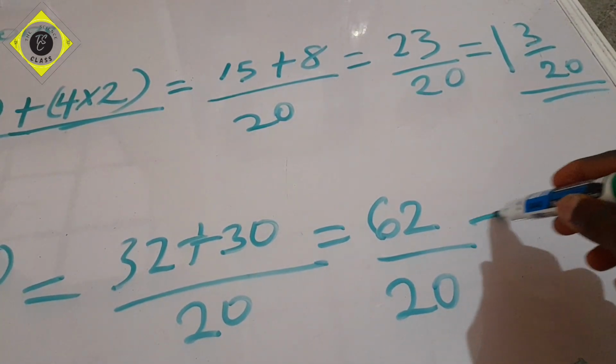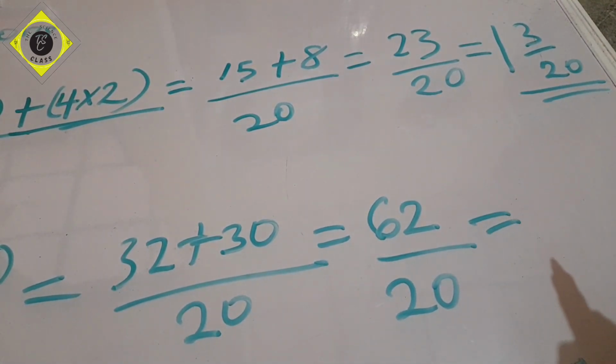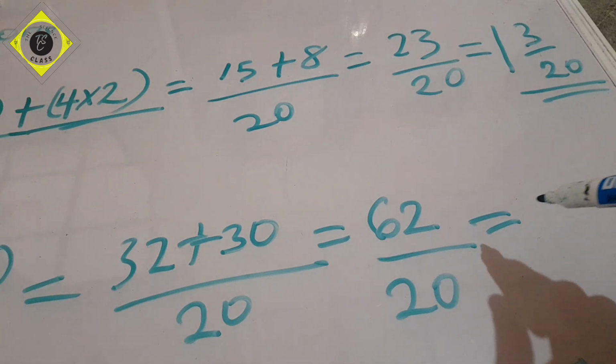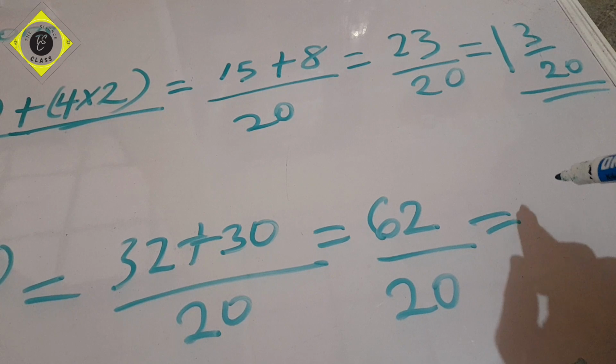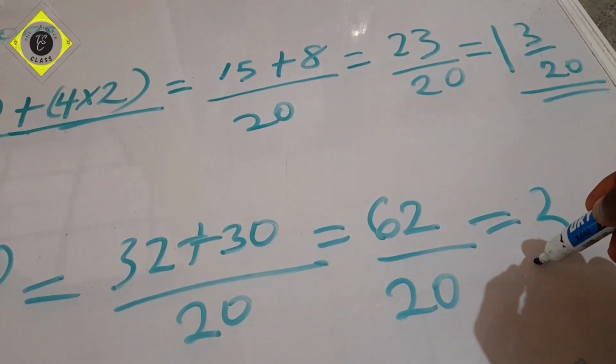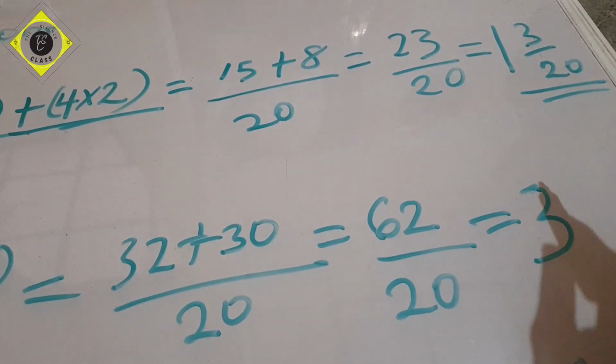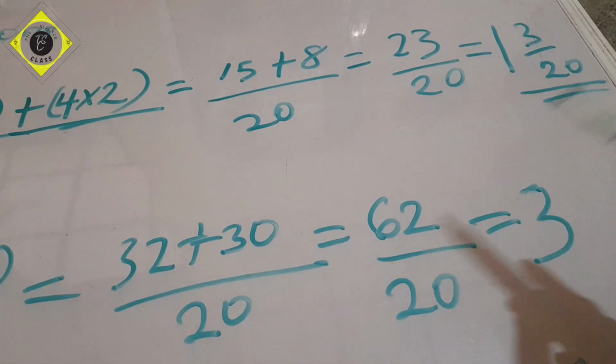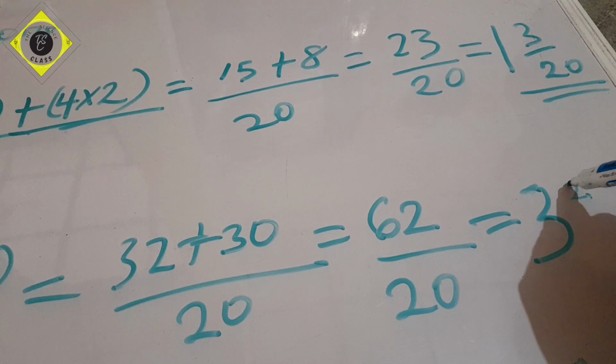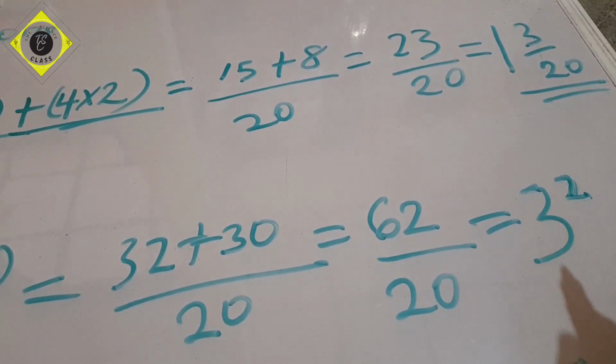If you want to convert this to a mixed fraction, don't forget this is also an improper fraction. 20 is going to go in 62 3 times. 20 times 3 is 60, and 62 minus 60 leaves a remainder of 2.